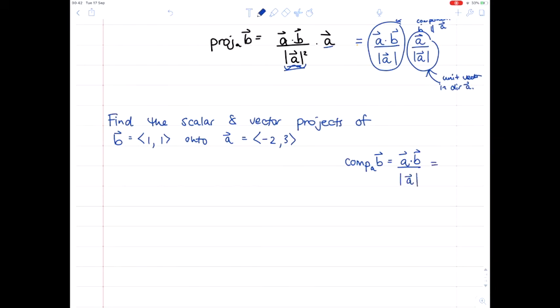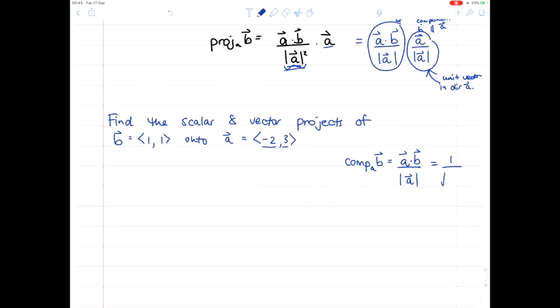And if you check that, our A dot B is going to be minus 2 plus 3, which is going to be 1. And if we have a look, our length of A is going to be the square root of 2 squared plus 3 squared. So that's 4 plus 9, and the root of that.